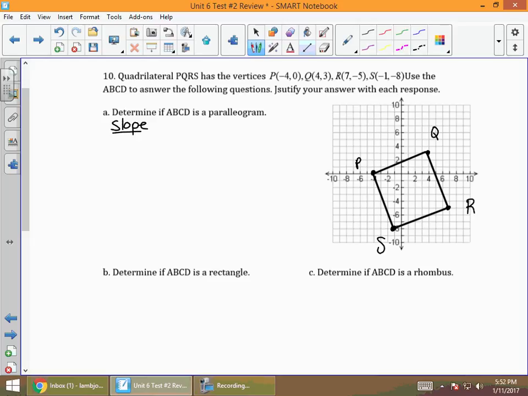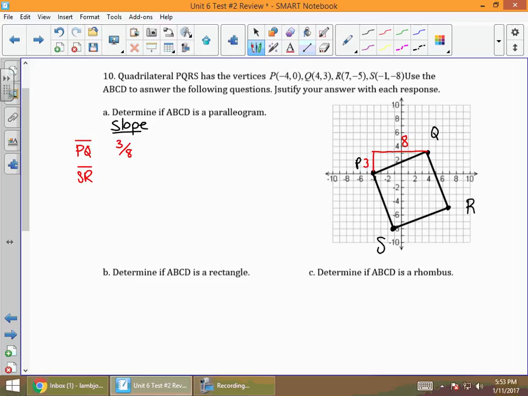So I want to pick my first side, PQ, and I'm going to compare that to the bottom, which I'll call SR. I want to look at PQ and SR. So let's find the slope of PQ first, from P to Q. It looks like I rise 3 and I run 8. So rise 3, run 8. That does not reduce. It has a slope of 3/8.